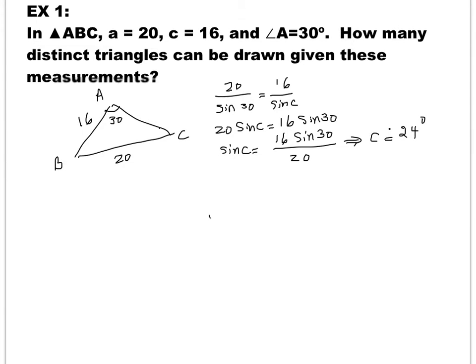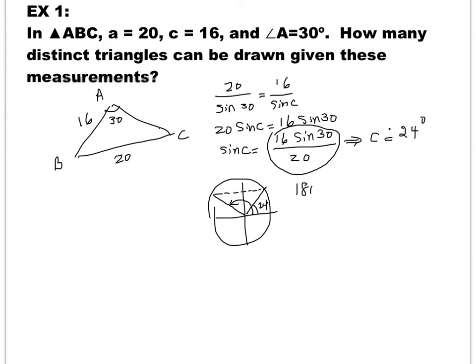Now, if we draw our reference angle, which is 24 degrees here, we know that sine is positive because the sign of this fraction is also positive. We know that sine is positive in the second quadrant, so our second possibility is this angle, which is going to be 180 minus 24, which is 156 degrees.